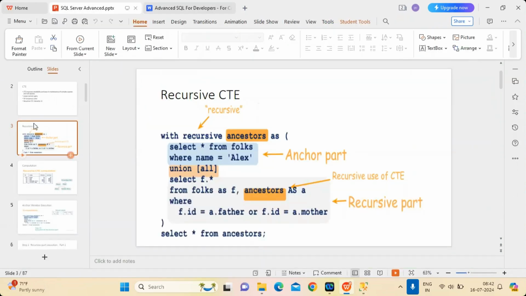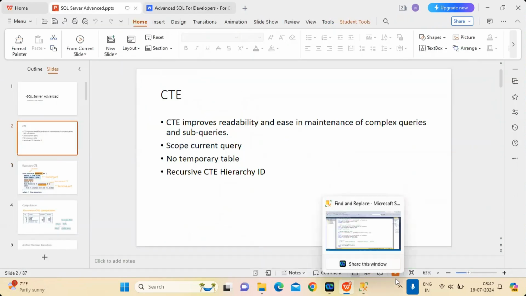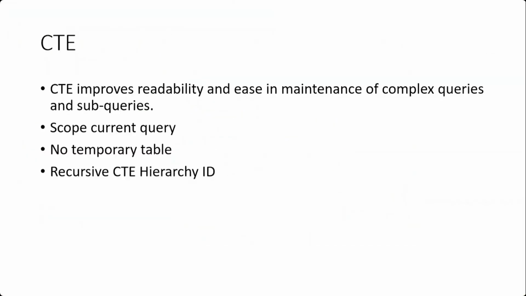We started with the first topic yesterday, which is called common table expression. And we said, what is this common table expression? Common table expression is a feature given by T-SQL, and it improves the readability and the ease of maintenance of complex queries and subqueries. So we will look at how this is being done.